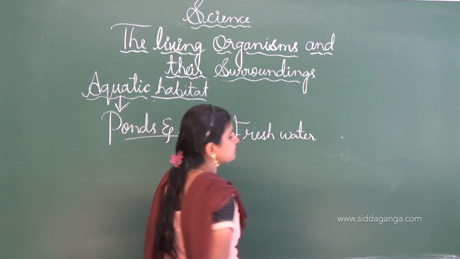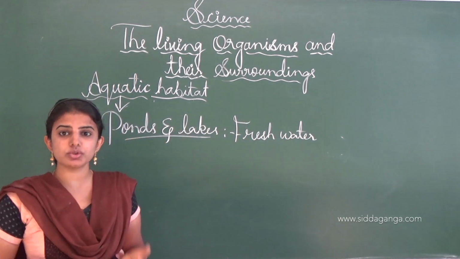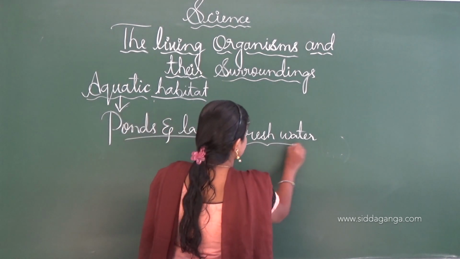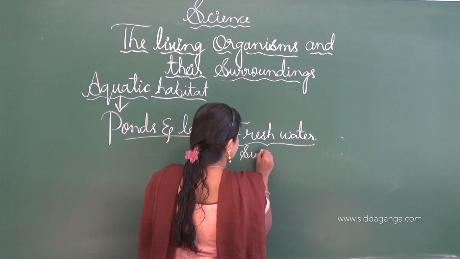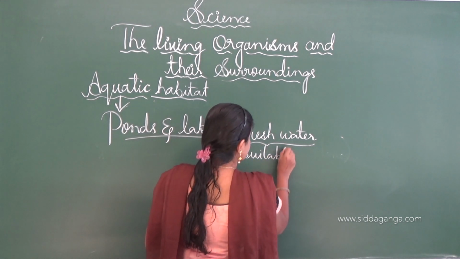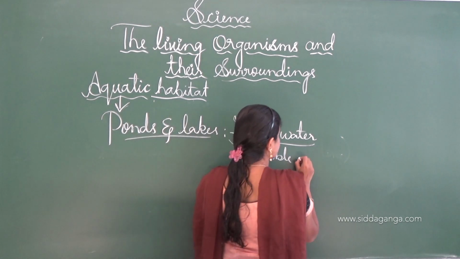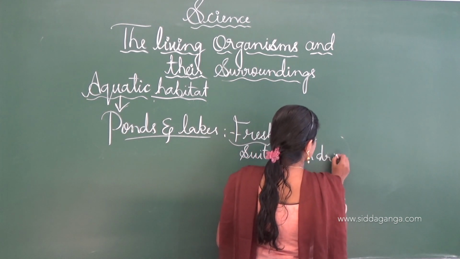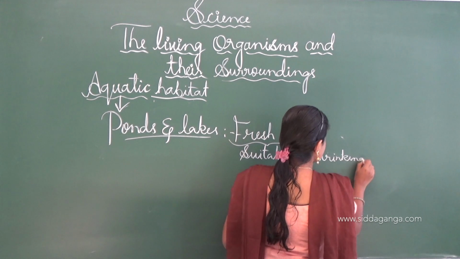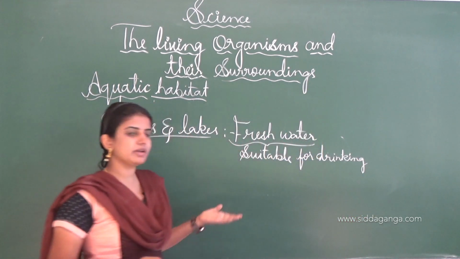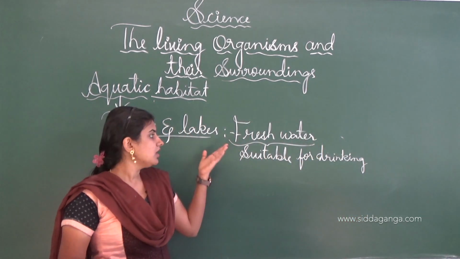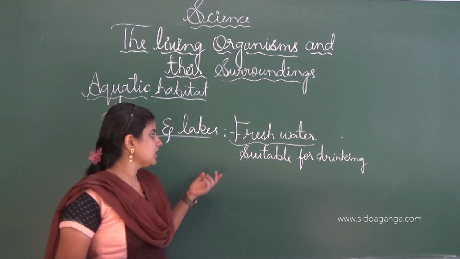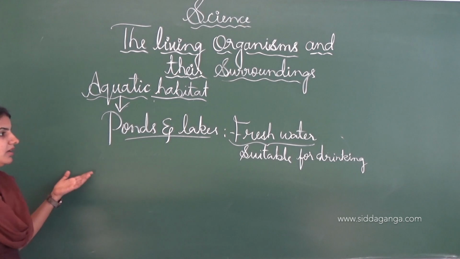Fresh water is nothing but the sweet water, which is suitable for drinking purpose, so we call it fresh water. The fresh water is fit for drinking purpose. And this is the ponds and the lakes.